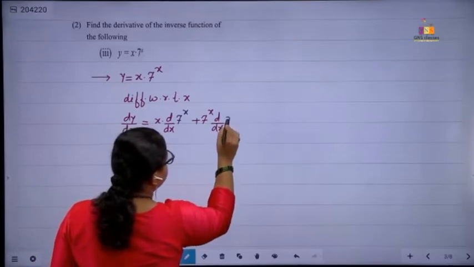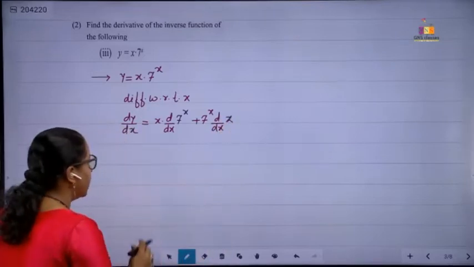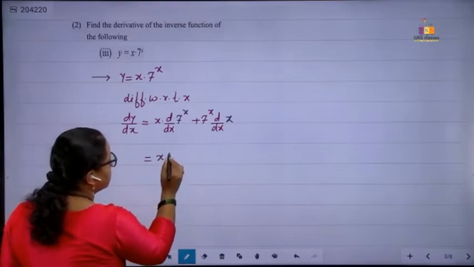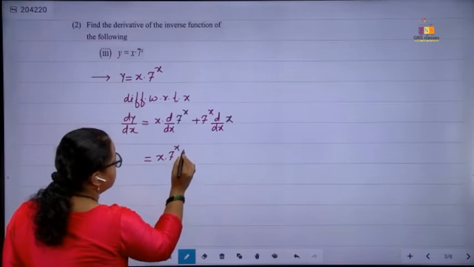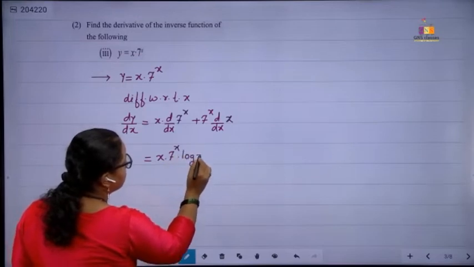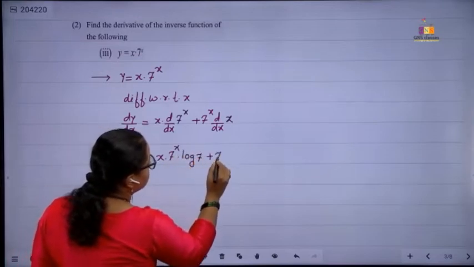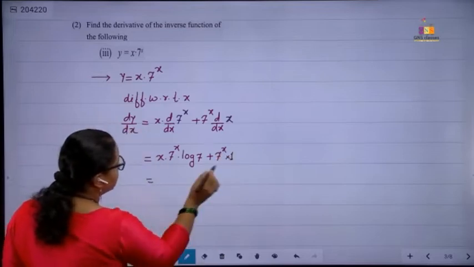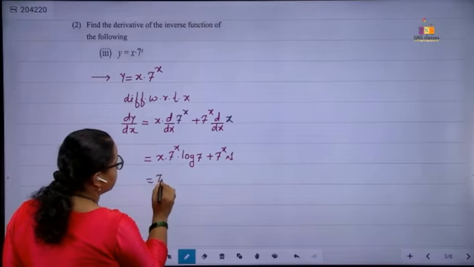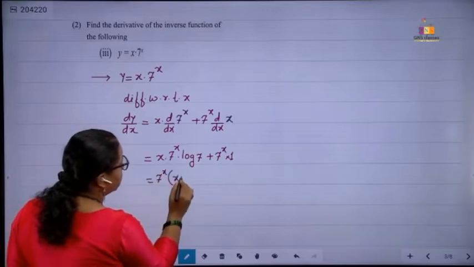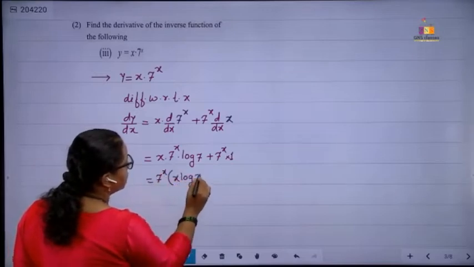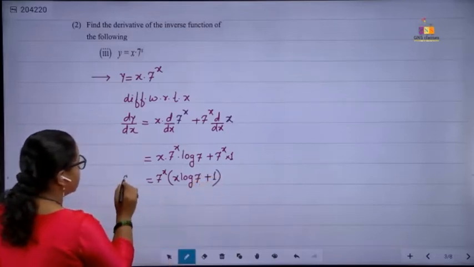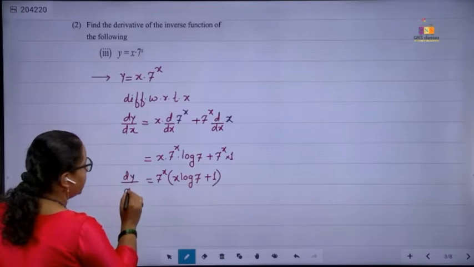Derivative of x with respect to x is 1 and derivative of 7 raised to x is 7 raised to x into log 7. So dy by dx is x into 7 raised to x into log 7 plus 7 raised to x into 1. From both the terms, we can take 7 raised to x common. In bracket, we get x into log 7 plus 1. This is our dy by dx.